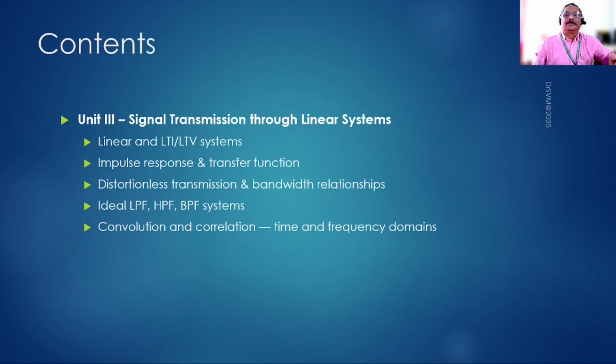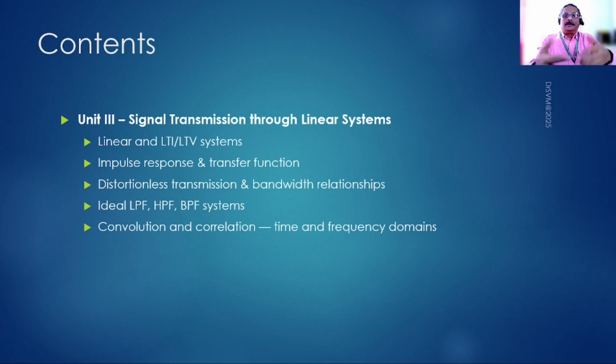If that system allows only high frequency signals, then we can call it a high pass filter. If only a band of frequencies is allowed, then we can call it a band pass filter. Or if everything except that band is allowed, and only that band is not allowed, then we can say band elimination filter and all that.